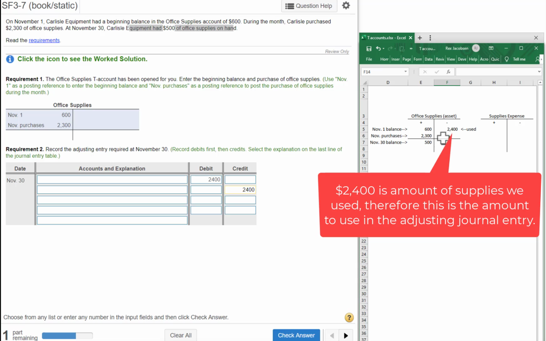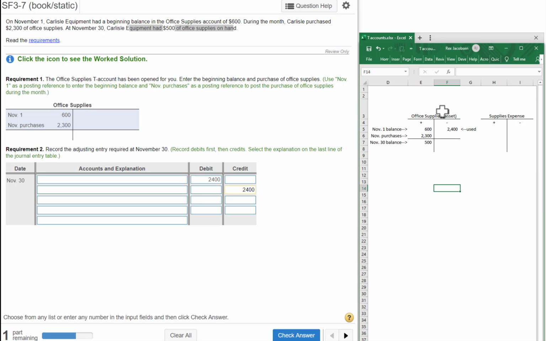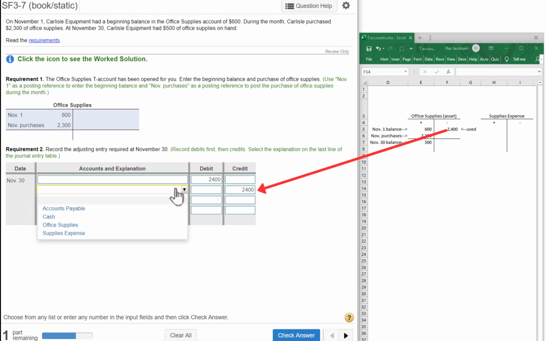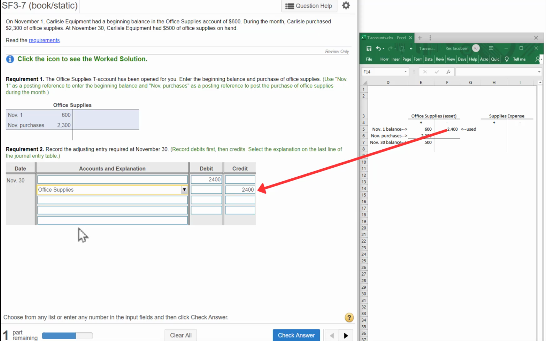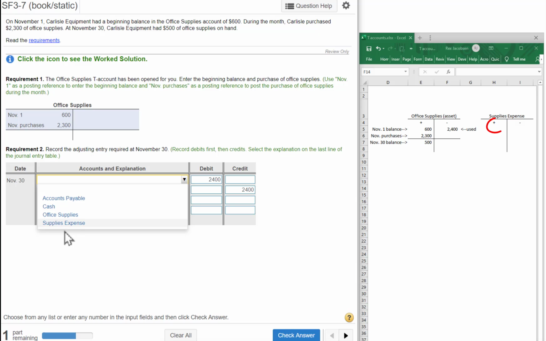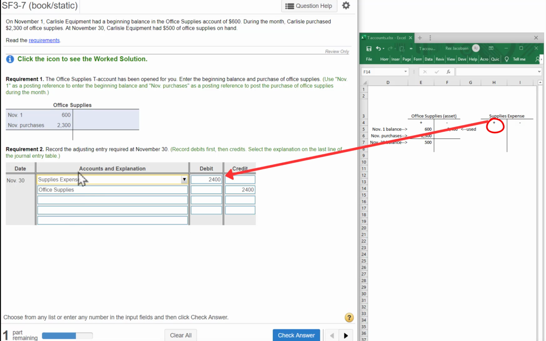So this $2,400 represents the amount of office supplies used. So notice I've credited office supplies, the asset. So the credit right here is office supplies, the asset. And then this $2,400, remember, represents the amount used. So what expense account shows that we've used up office supplies? Supplies expense. Sometimes companies call it office supplies expense.